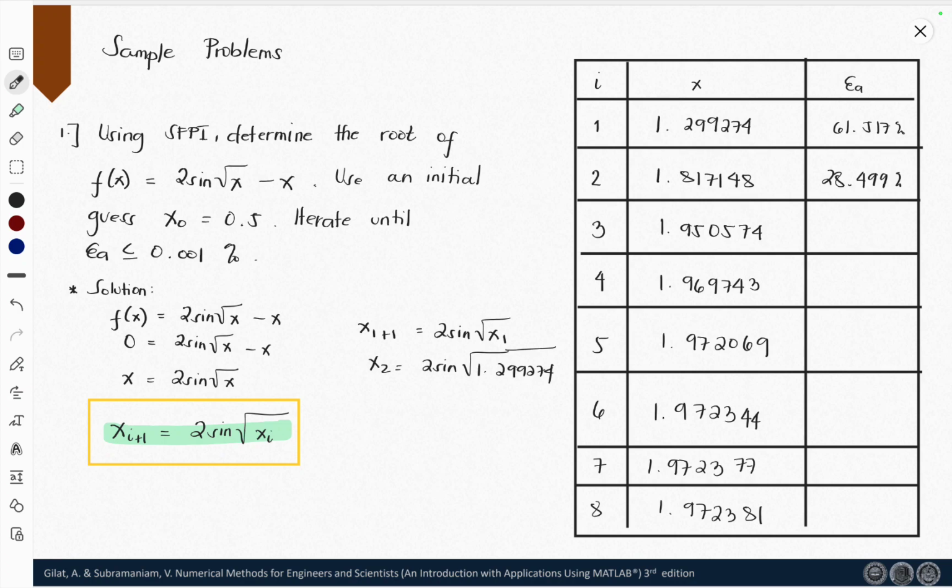Next, let's solve the error for the third iteration. This is 1.950574 minus 1.817148 divided by 1.950574, times 100, 6.840%.